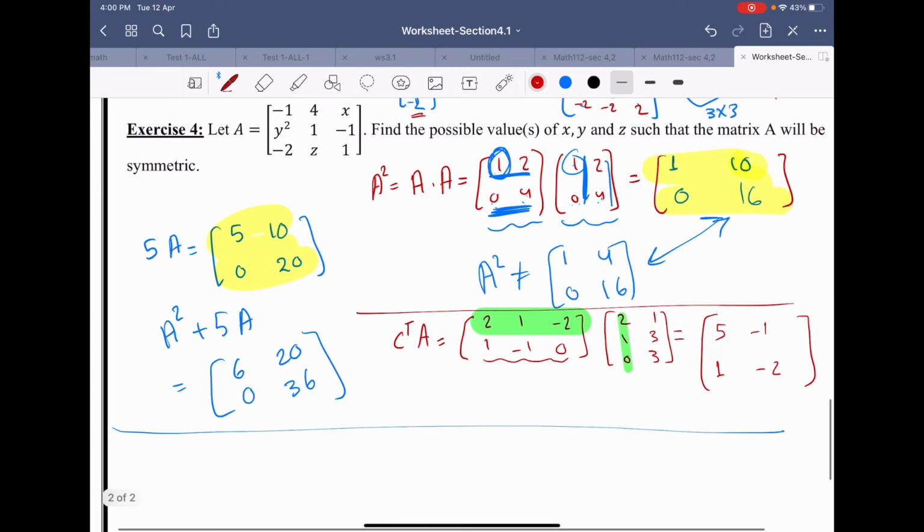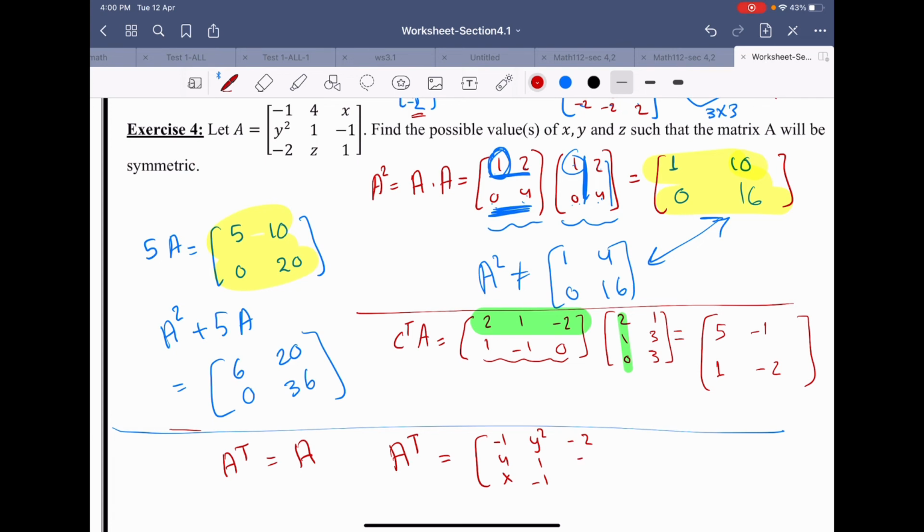In order to have a symmetric matrix, A transpose is supposed to equal A. So let's find A transpose. A transpose equals negative 1, 4, x, then y squared, 1, negative 1, then negative 2, z and 1. This is supposed to equal A, which is negative 1, 4, x, y squared, 1, negative 1, negative 2, z and 1.